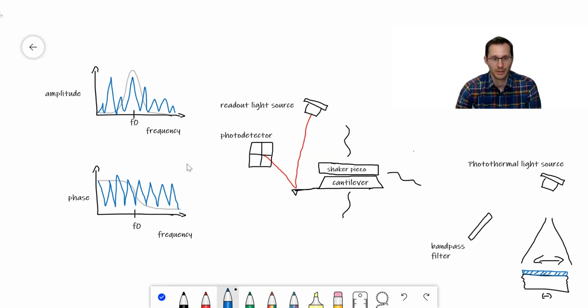And so for a user, it becomes quite difficult to know, first of all, which frequency is a good frequency to operate at. It could be this one here that is close to what the cantilever should display, but it could also be this frequency here that's a bit off of the cantilever ideal resonance frequency. So that's one challenge.